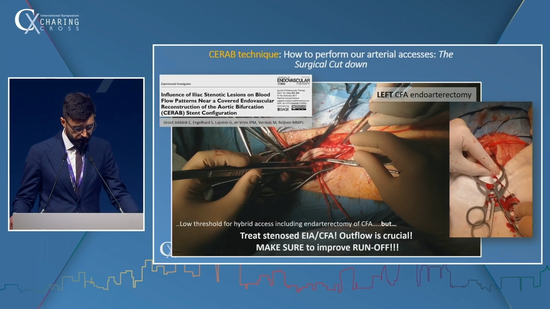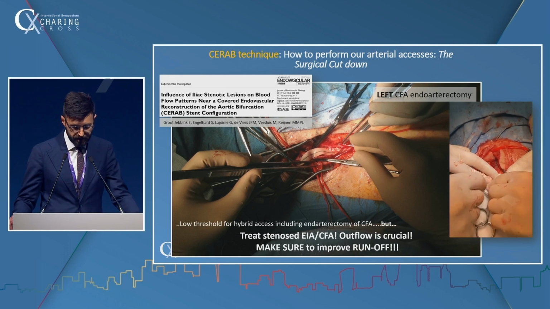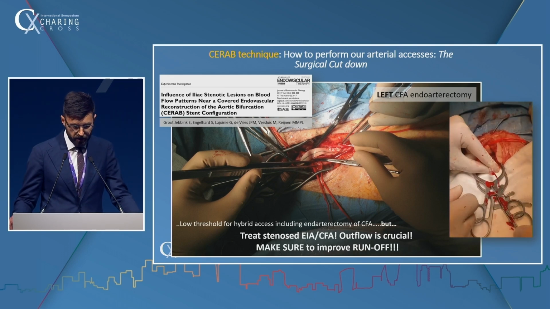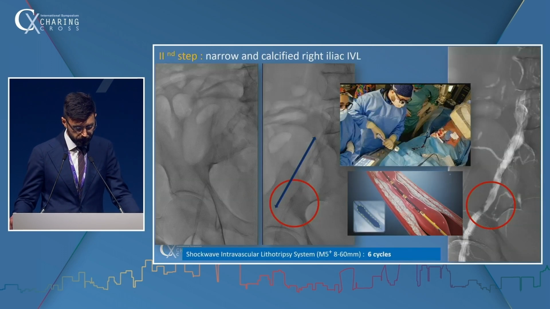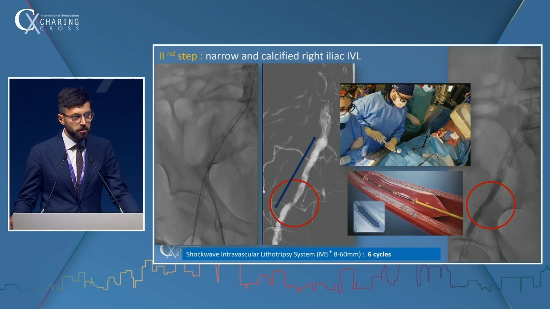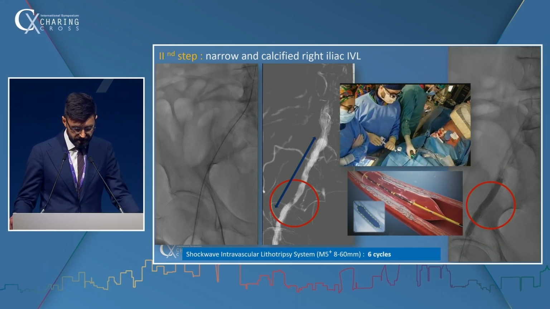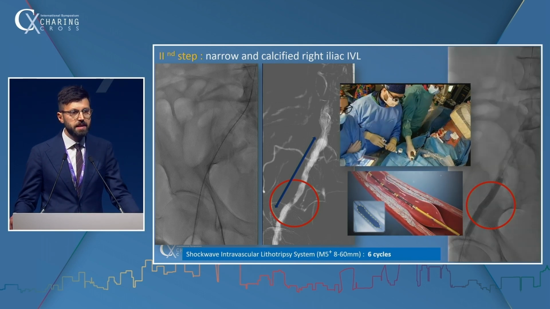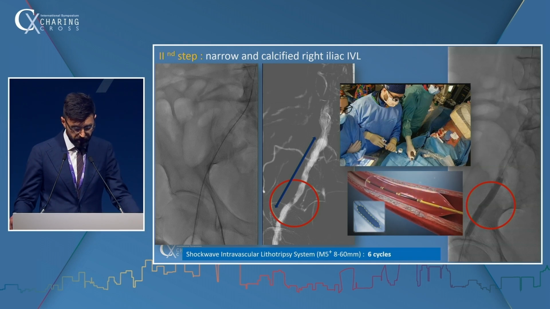Following the indication of the master of CRAB, we also treated the outflow with a left common femoral artery endarterectomy, improving the distal runoff in the profunda artery. We started the procedure applying IVL technology with the M5 Plus catheter, 8.0 millimeters by 60, along the whole length of the external iliac artery, spending in total 6 cycles of the catheter to prepare this vessel.